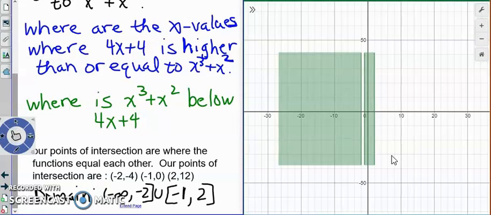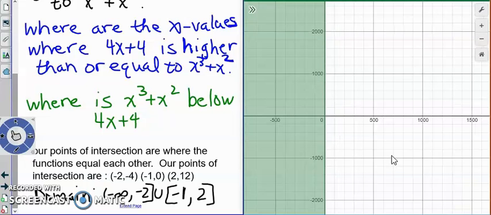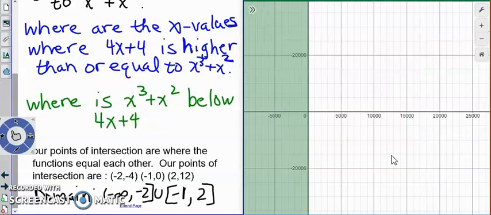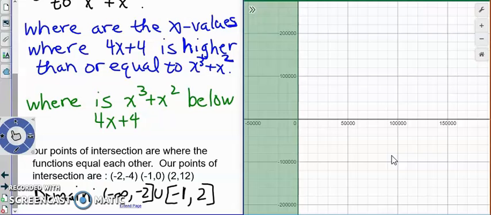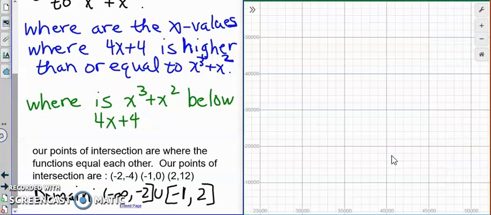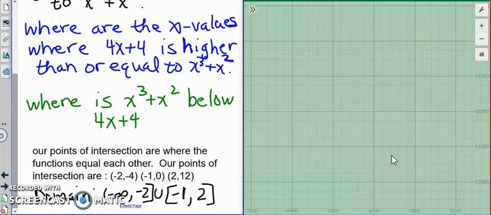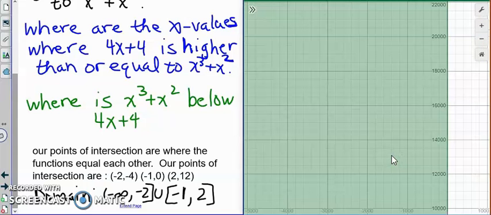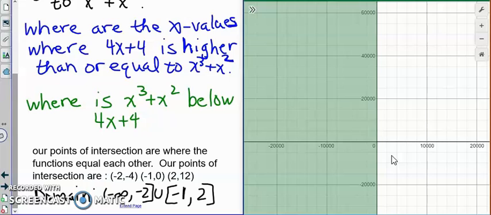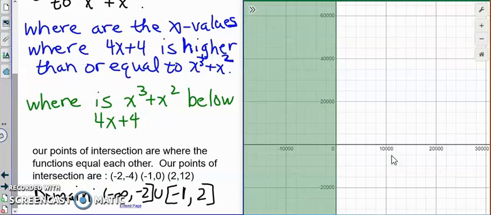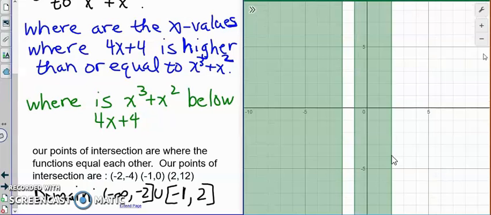As you can see, if I drag it and keep pulling it, it's going on forever on the left side. So here, that means we're talking about infinity. So it goes from -infinity to -2. Let me pull this back out, sorry about that. Go back home. All right, so -infinity to -2 to match up.